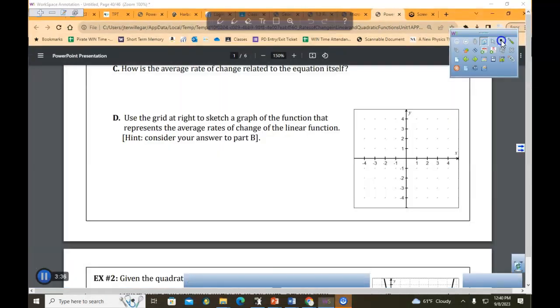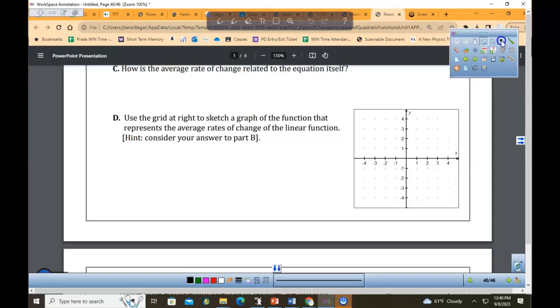Let's sketch a graph of a function that represents the average rate of change of the linear function. Alright, so think about this. My average rate of change of that linear function is 3/2, correct? So, what's my average rate of change on this graph at any point? At any point I grab it, what's the slope?